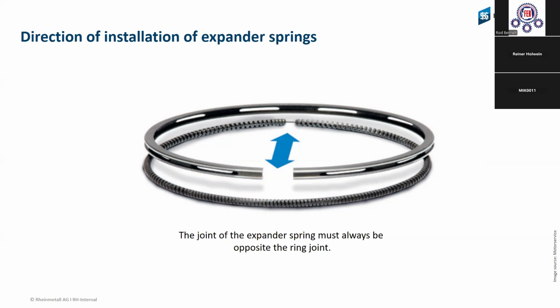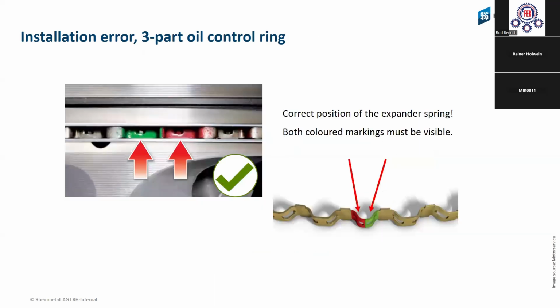Before, or when you buy a piston from us, you take it out of the carton box. Then you must also check how the springs sit behind it. You see it with your eyes normally. The same applies to the three-part oil scrubber ring, the oil control ring: the spring must be behind, also in the right position.